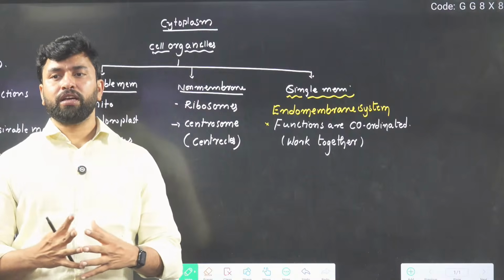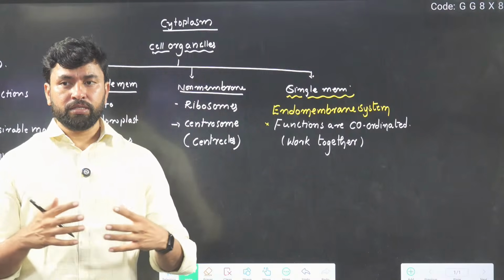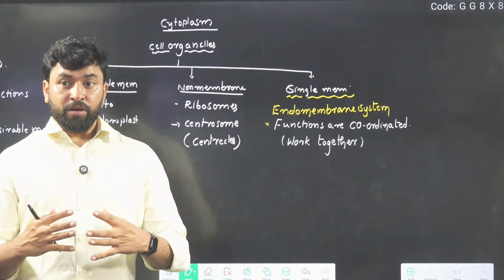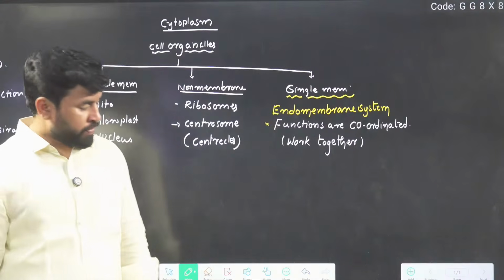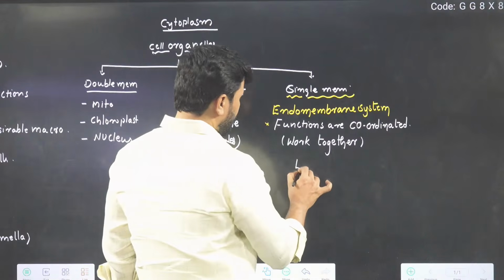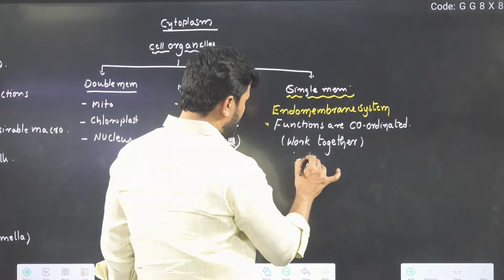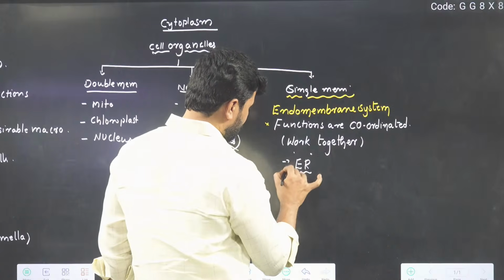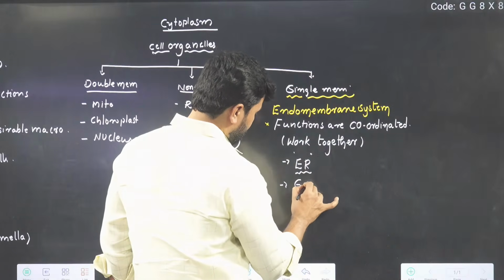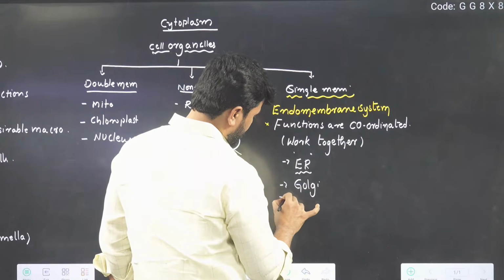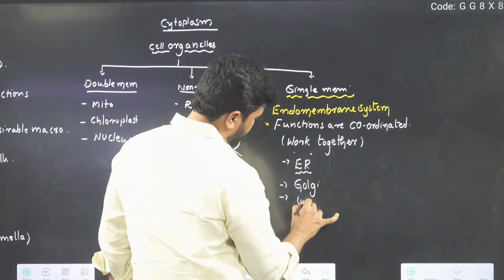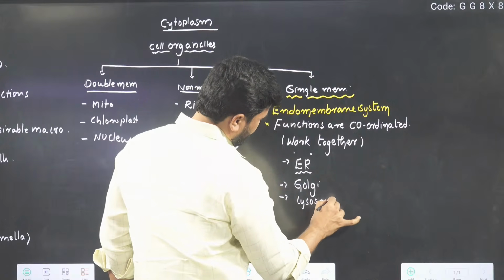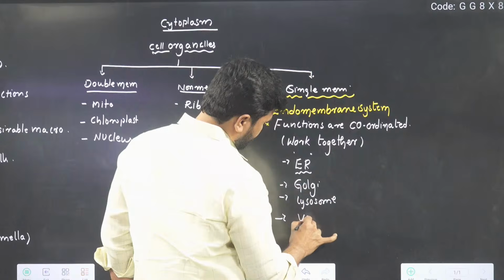What are those cell organelles whose functions are coordinated, or who are working together? First the endoplasmic reticulum, next the Golgi complex, and lysosomes, and finally vacuoles.